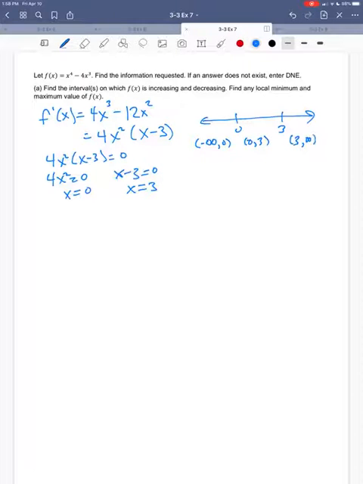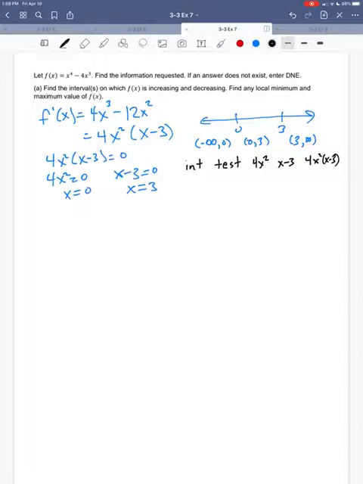And I'm going to have to analyze the derivative in each of those intervals to figure out if it's positive or negative. So I can take an interval, I can take a test number, and I'm going to look at 4x squared, I'm going to look at x minus 3, and then I'm going to look at the overall product, which is the derivative.